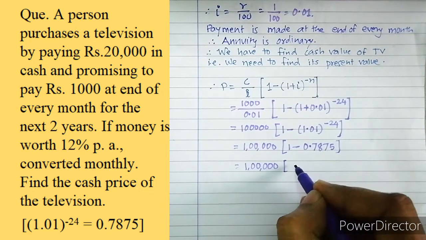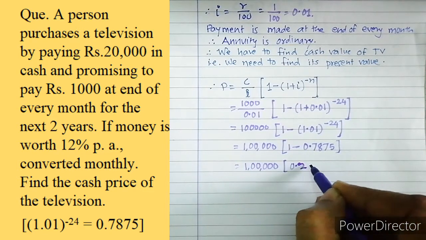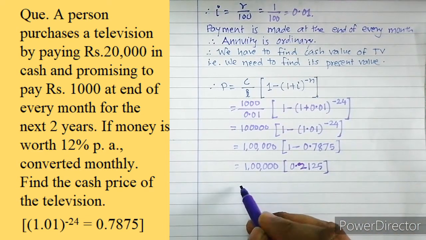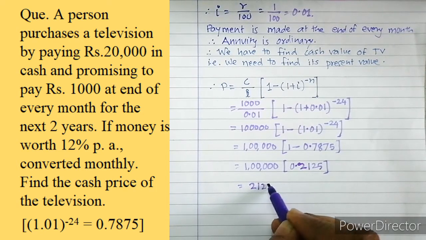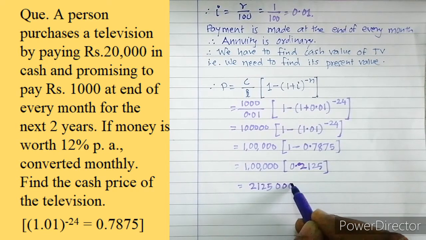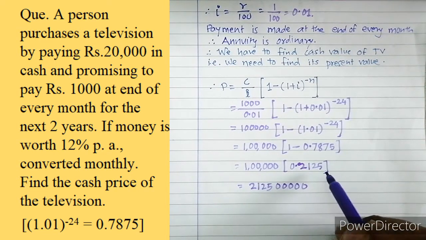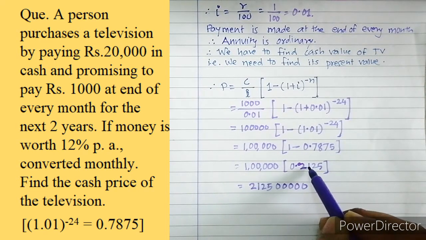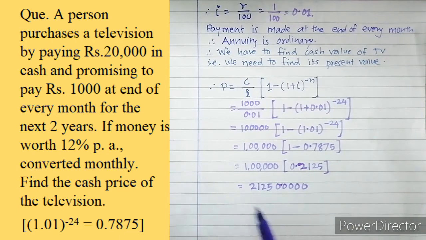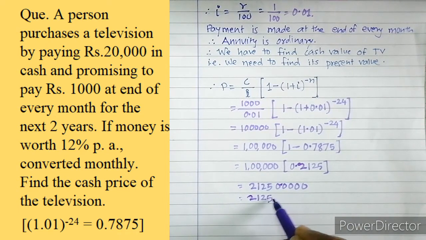Now this difference is 0.2125, and if you multiply by this 1 lakh, you will get 2125 and 5 zeros, but the decimal point is 4 digits to the left, so your answer is 21250.